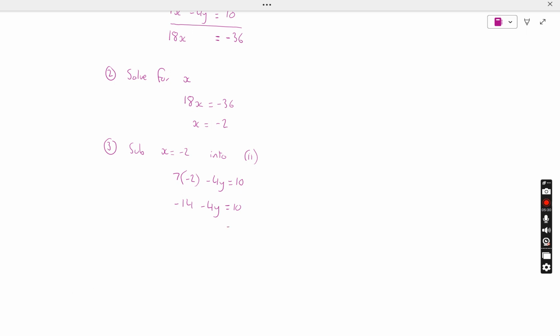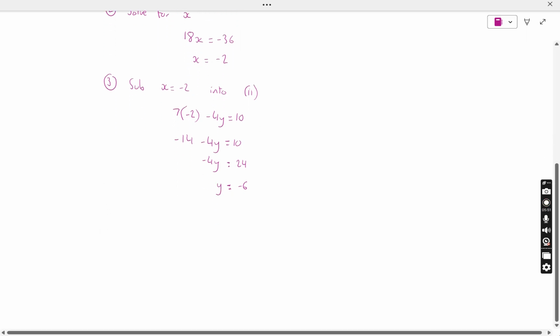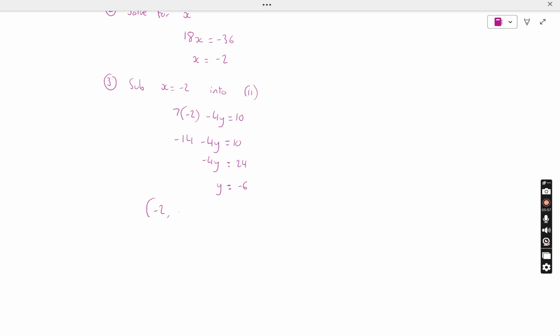So 10 plus 14 is 24. And on the left hand side, we're just left with negative 4y. Now 24 divided by negative 4 is negative 6. And negative 4y divided by negative 4 just leaves y. So now we've got a coordinate. We've got the solution, when x is negative 2, y is negative 6.